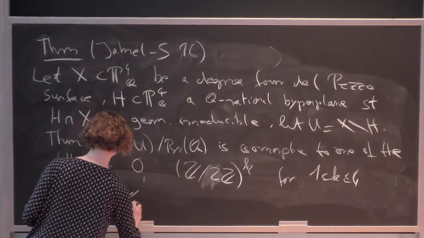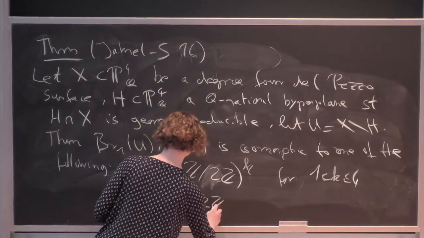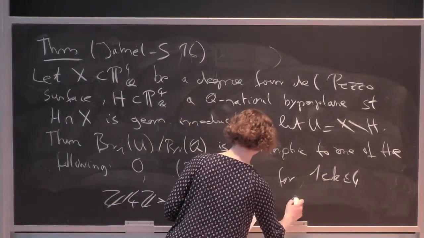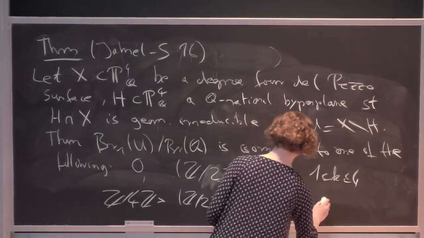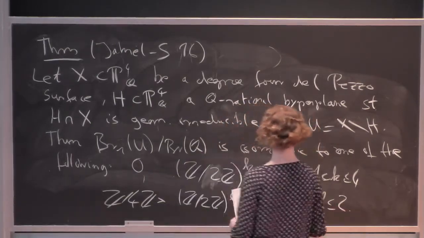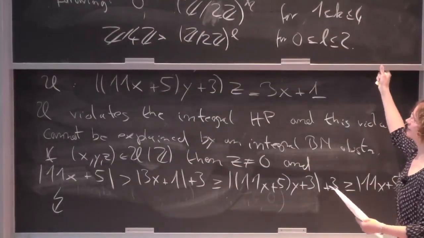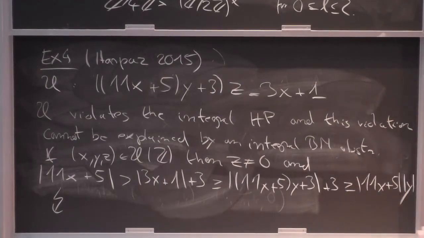You could have a Z modulo 4 Z cross a Z modulo 2 Z to the power L, say. And now either you don't have another copy, or you have at most 2 copies of another Z modulo 2 Z. So that's a description of what these Brauer groups can be, which can cause some obstructions.